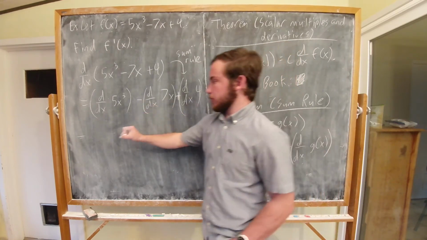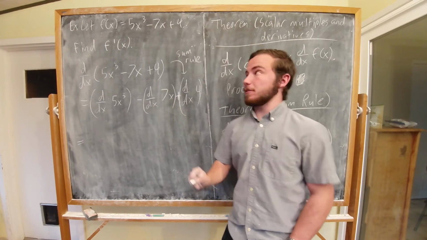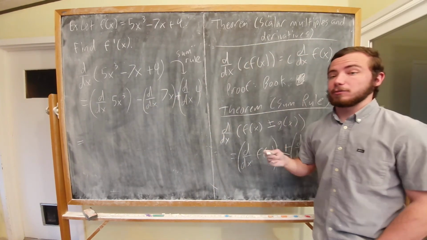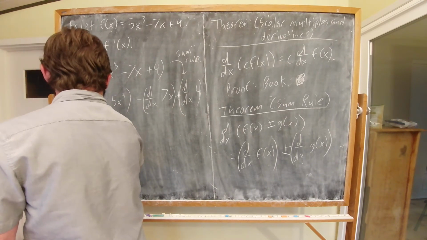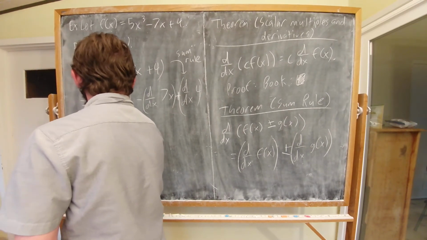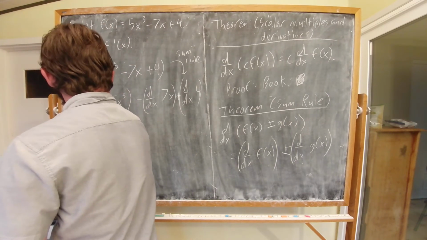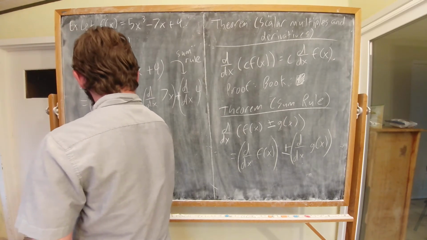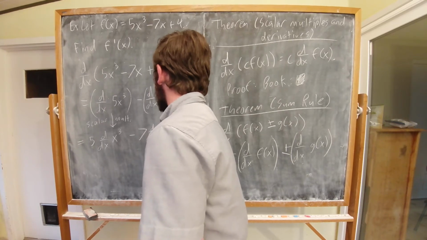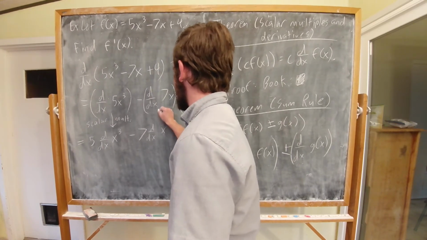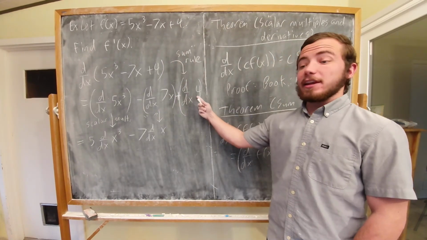And now what we can do is pull out the 5 and the 7 from these derivatives using this theorem about scalar multiples. So this is 5 times the derivative with respect to x of x cubed, and that's by scalar multiples, minus 7 times the derivative with respect to x of x, same thing, and then the derivative of any constant is just 0.